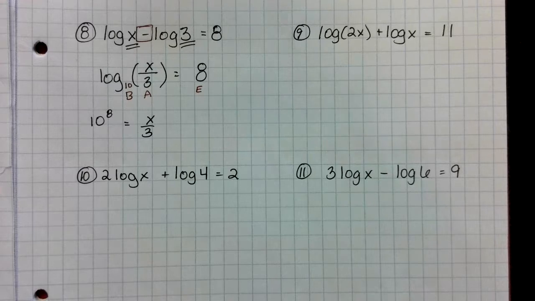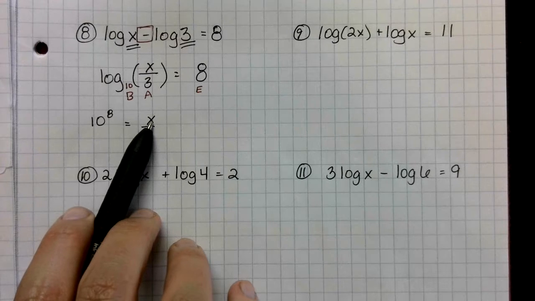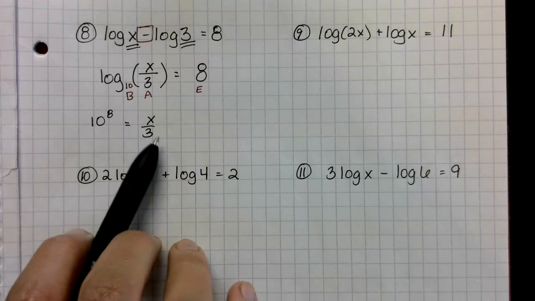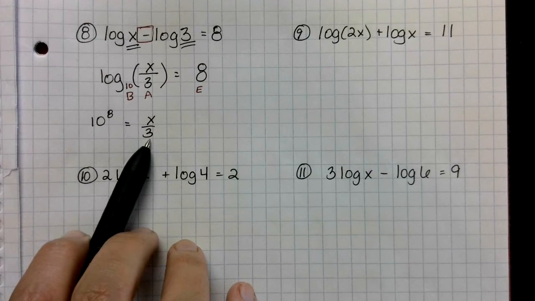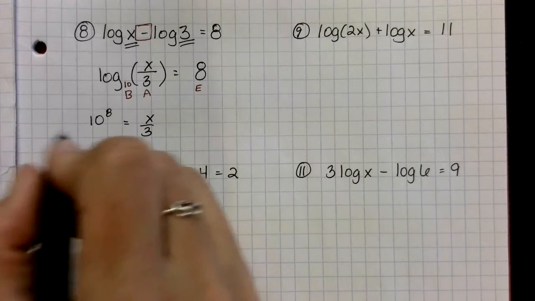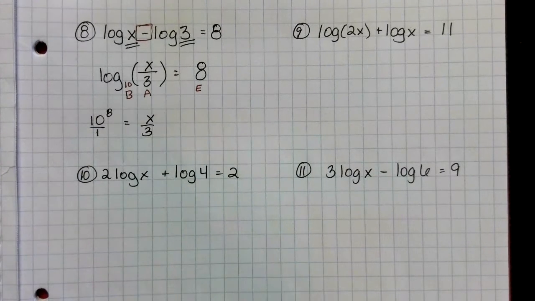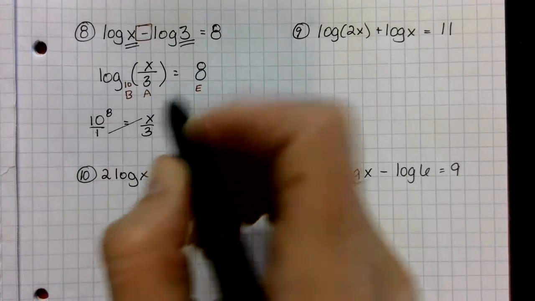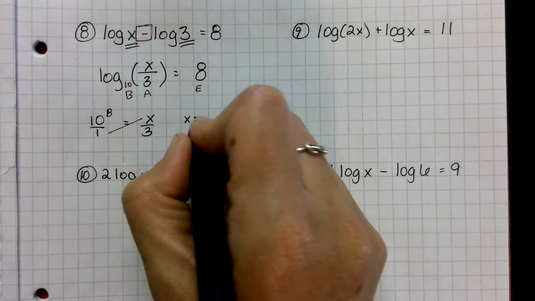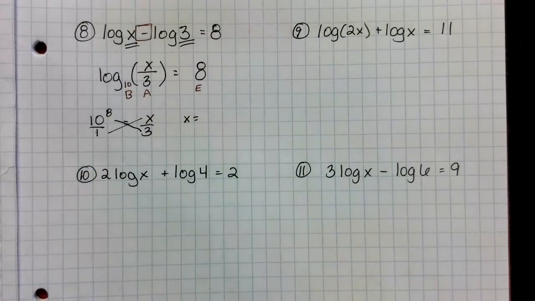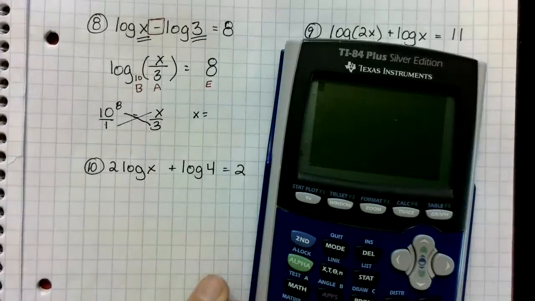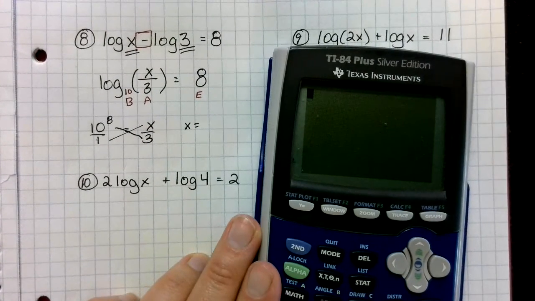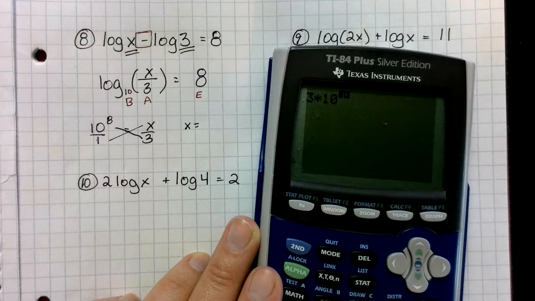Now with a lot of these division ones, what I think is easiest, and you can do this differently, you can see that this is x divided by 3. So to get x by itself, you have to multiply each side by 3. Some people like to think of it as a proportion, so you can cross multiply. So when I cross this way, 1 times x is x. And when I cross this way, I have to do 3 times 10 to the 8th.